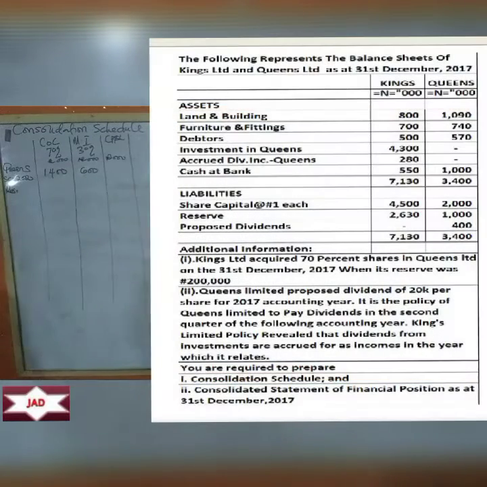What is the reserve? According to the question, we have 1 million. So we have reserve, of course, that will be Queens, right? It is 1 million. We now split it into pre and post.